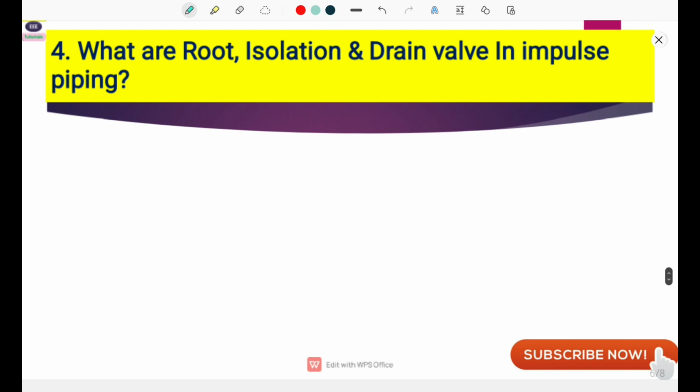Now what are the root, isolation and drain valves in impulse piping?